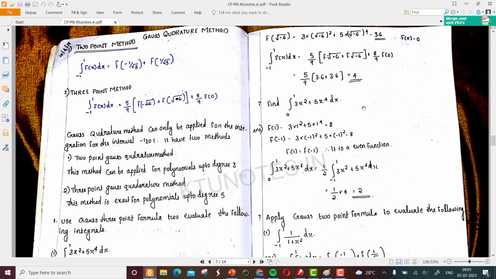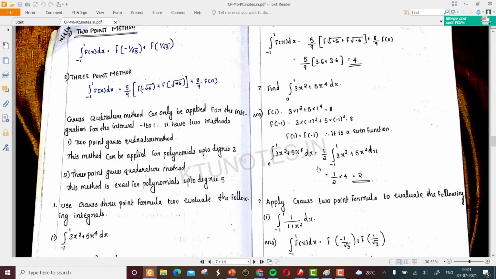Okay. So you need to calculate all these values, and then at the last stage, as the integration is only from 0 to 1, it is equal to half into the integral from minus 1 to 1 of 3s square plus 5s raised to 4. So I just simplified the steps. So it is like half into 4, or 2 will be the integration value. It's clear to you.